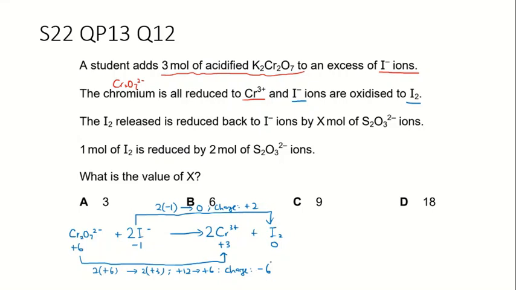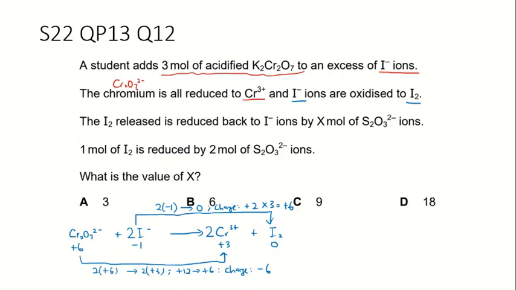So that means the chromium will donate 6 electrons. So I need enough iodide to accept the 6 electrons, then only is the equation balanced. So I multiply this by 3 so that I can get plus 6. Now you see the magnitude is the same.